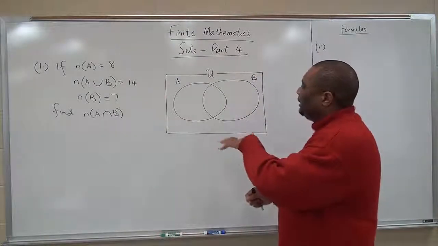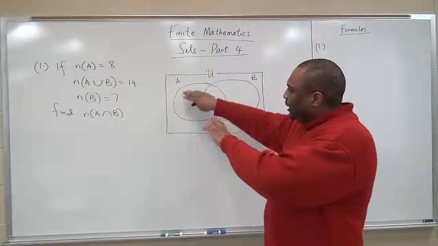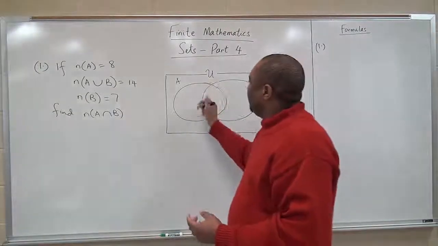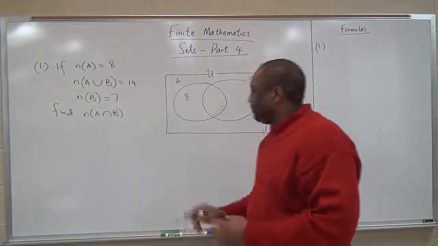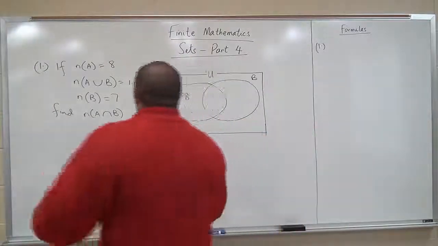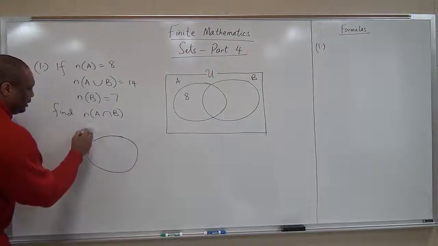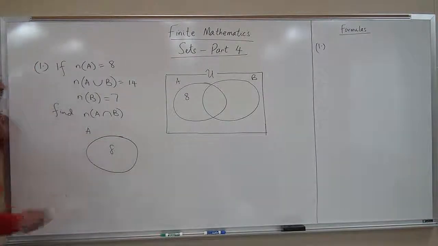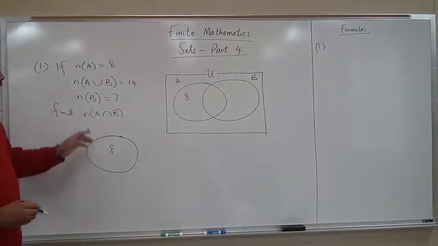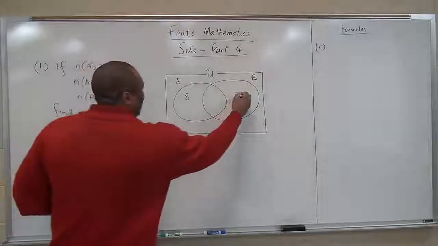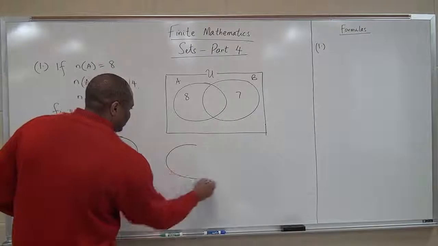Now, cardinality of A is 8. That means everybody in A is 8. I'm going to draw it here so you see A, 8. Then cardinality of B is 7. Everybody in B is 7.